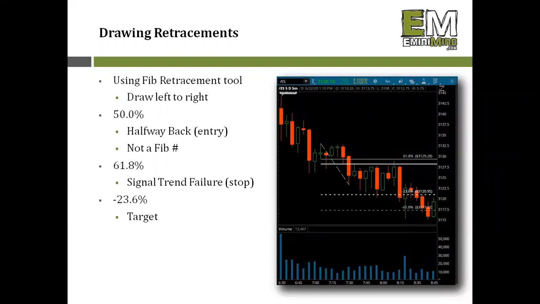And knowing those things can help, even if you don't use the fib tool to place trades. Maybe you just buy above the high of the low bar, or you're using some sort of entry, MACD, stochastic, it doesn't really matter. You can use these basic swing highs and swing lows and the fib retracements to help you identify what the trend is or lack thereof.